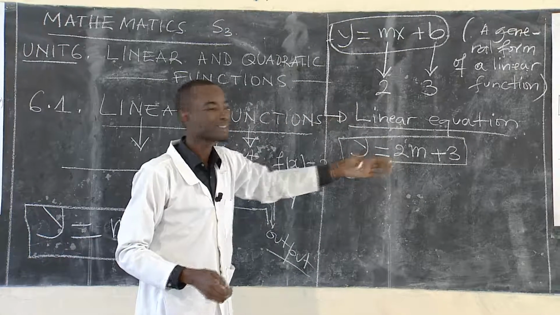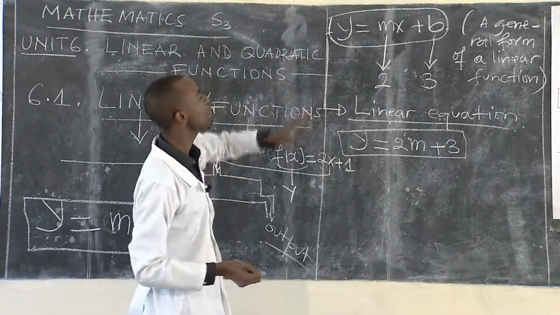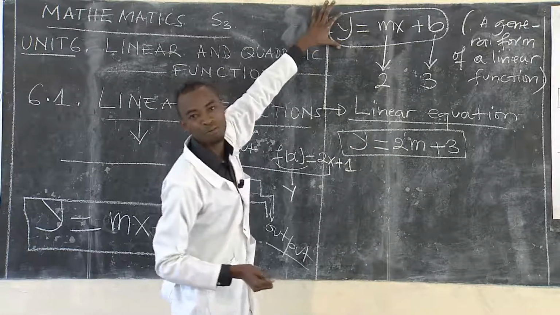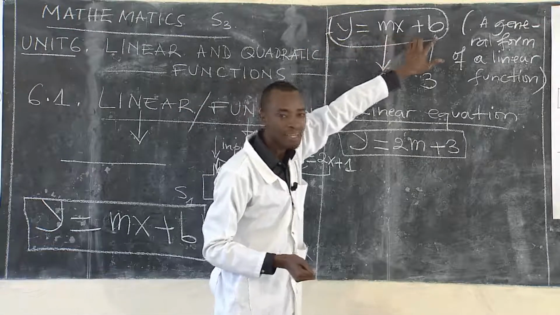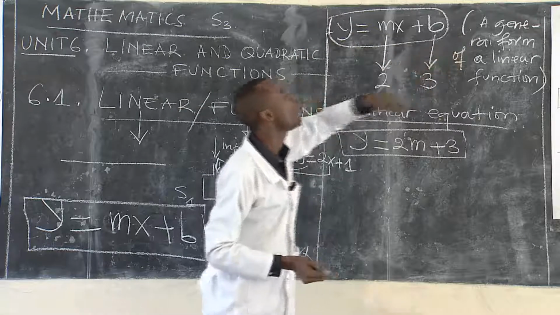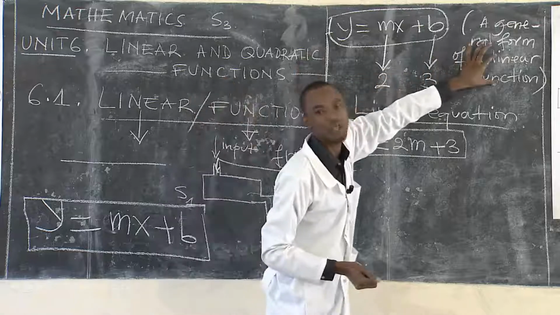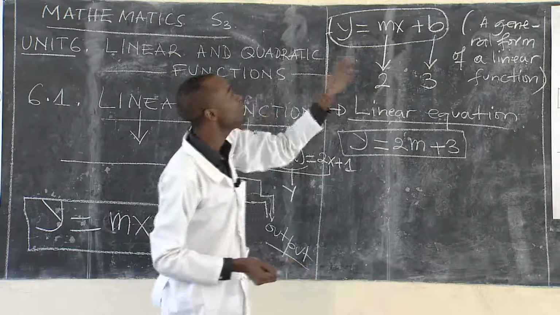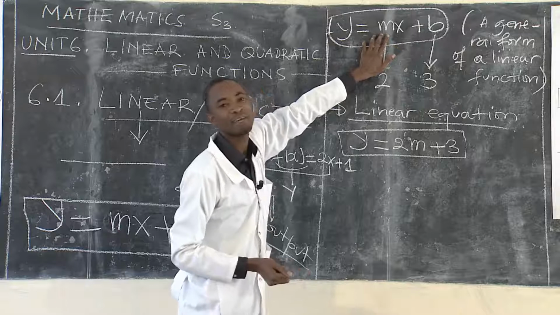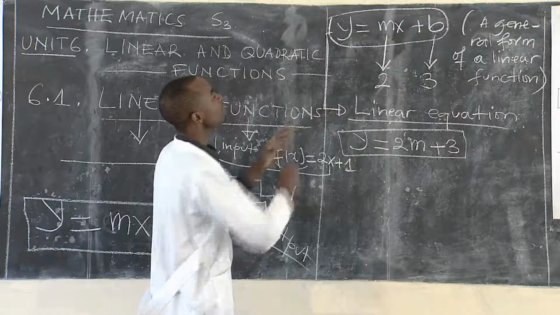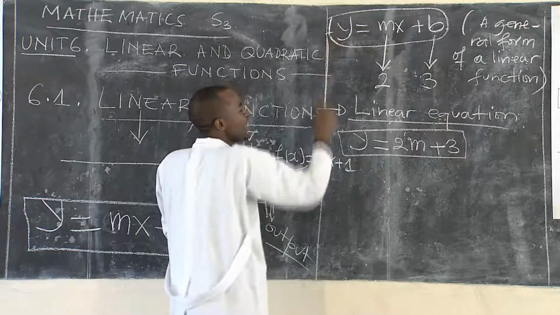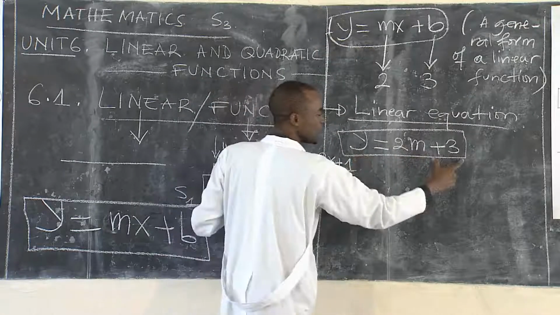Do you get this? Let me repeat this one more time. When I have a general form written this way, y = mx + b, this is a general form of a linear function. But when I replace m by its value and b by its value, it will become a linear equation.